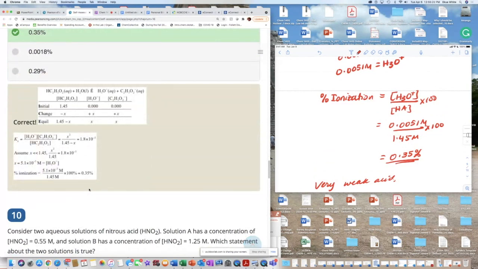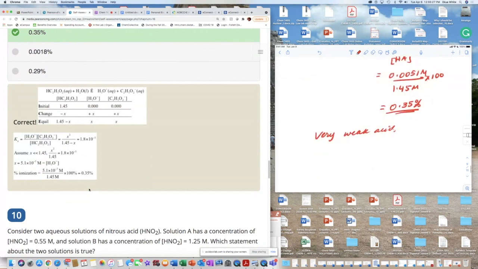Okay, it's a very weak acid because remember, the percent ionization ties into the acid strength. The higher the percent ionization, the stronger the acid.